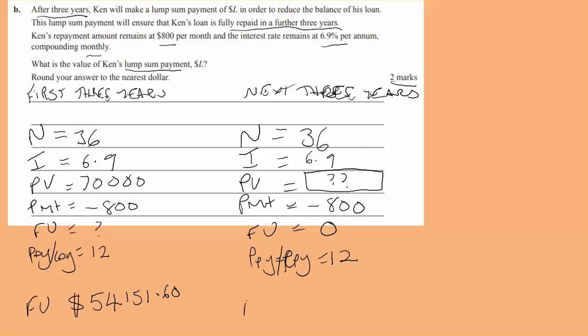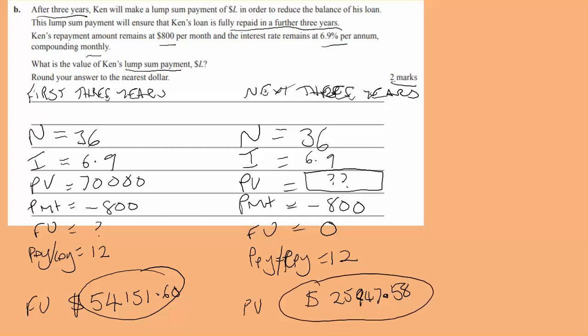So I put that in, and I get my PV equals 25,947.68. So he has this much at the end of the first 3 years. He puts in a lump sum, and his amount has to be this much to get it to 0 in another 3 years' time.